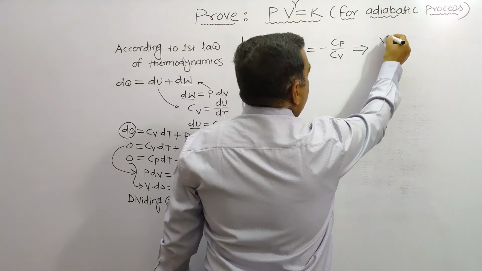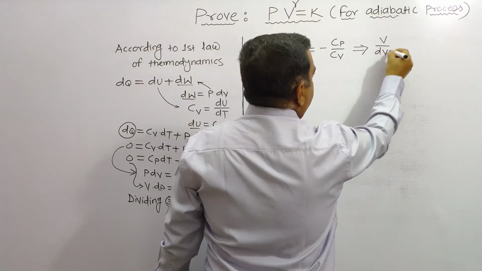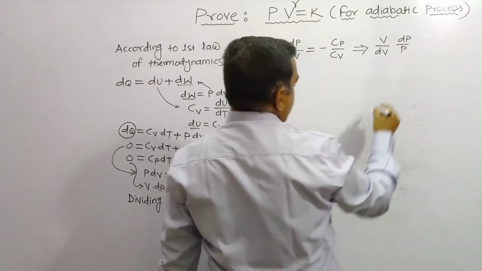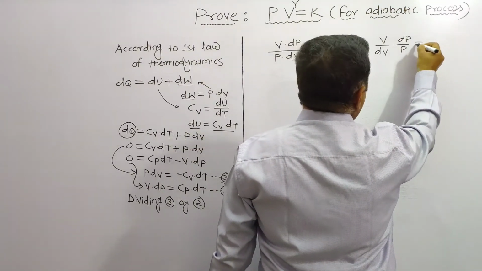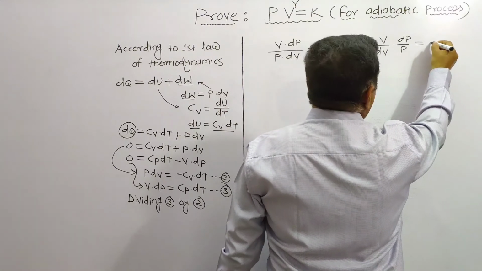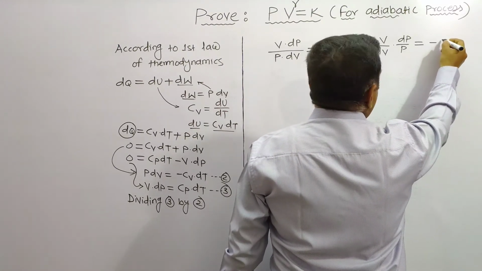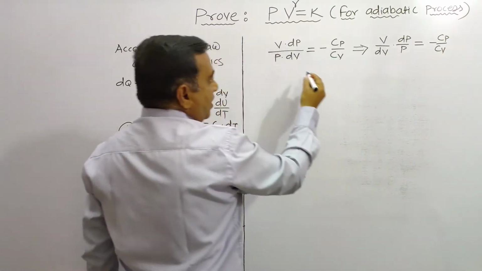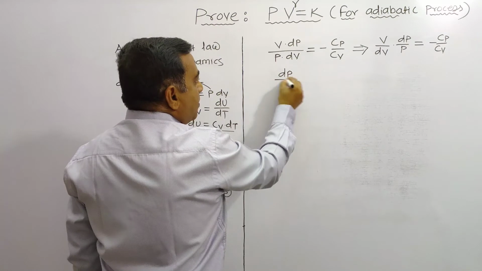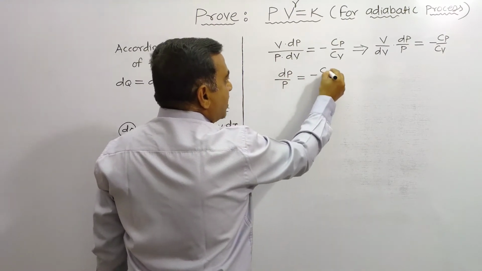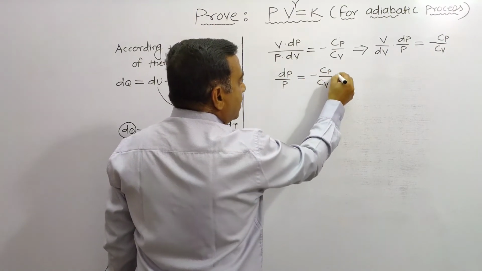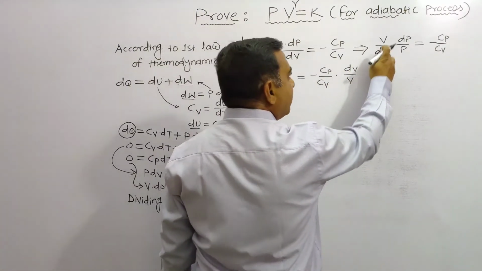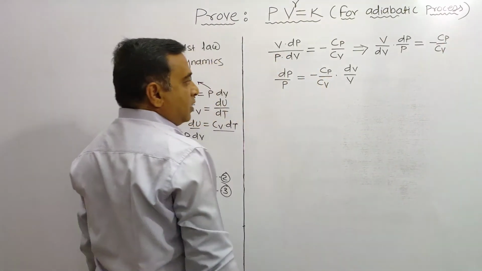Here it is: V upon dV into dP upon P is equal to minus gamma, or instead of writing only Cp upon Cv. dP upon P is equal to minus Cp upon Cv into dV upon V, by shifting dV upon V to the RHS.